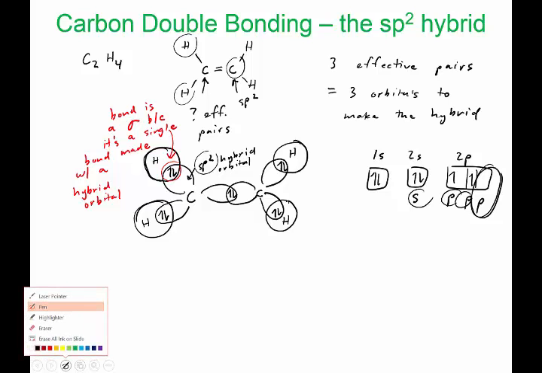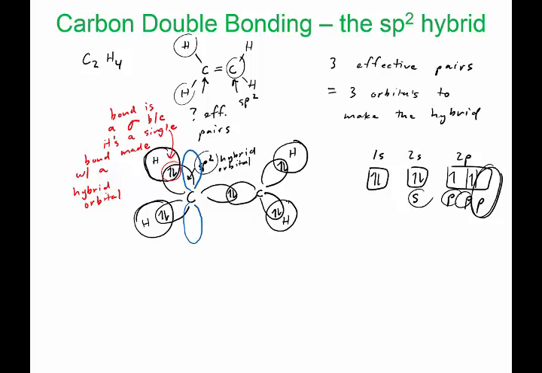So in theory, it's an extra p orbital. This is not a hybrid, so we'll use a different color here. This is an extra p orbital, because the hybrid ones use sp2, and both carbons actually have this, and there's an extra electron here on both.